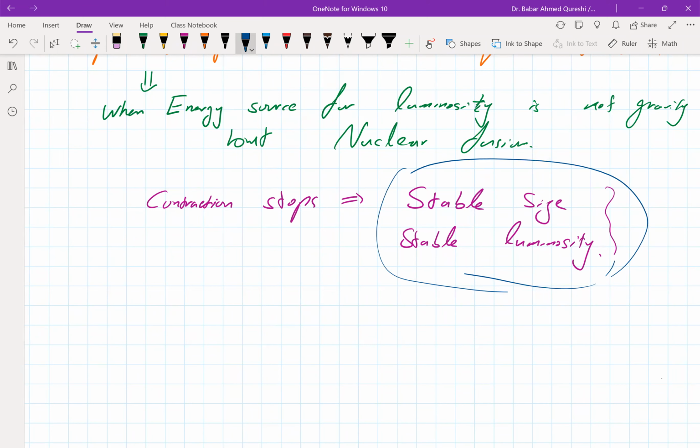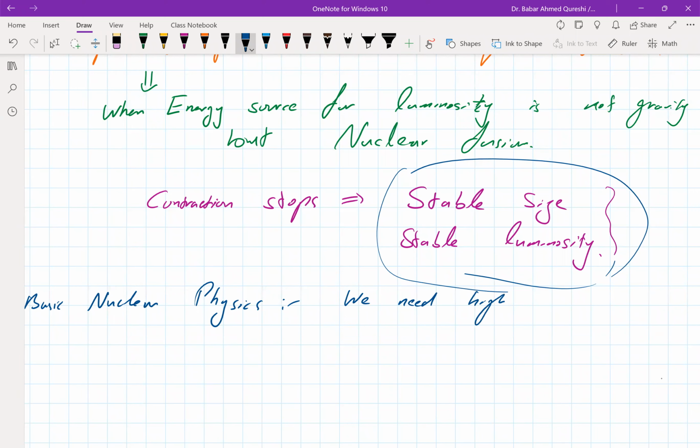Then we discussed basic nuclear physics. How does this happen? We need high temperatures for nuclei to fuse.